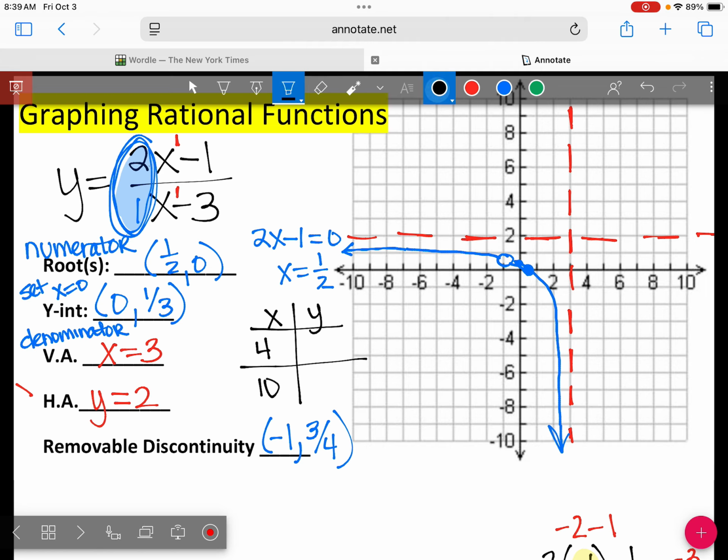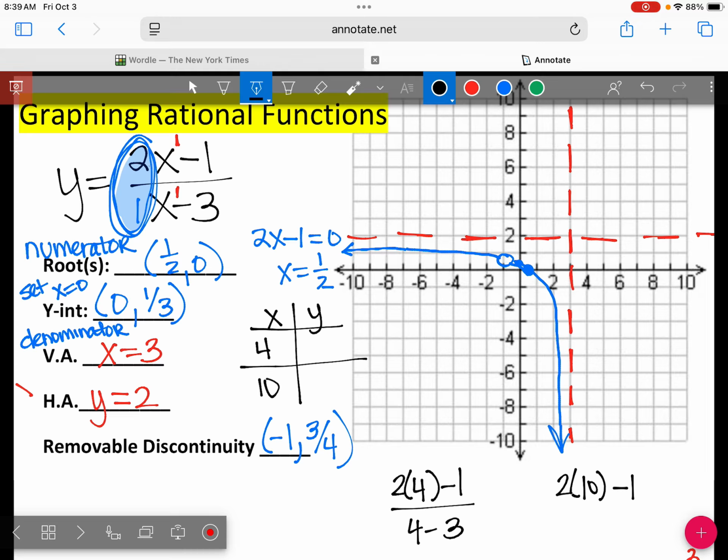So for the 4, we have 2 times 4 minus 1 over 4 minus 3. Go ahead and see what you get. And then at 10, we have 2 times 10 minus 1 over 10 minus 3.